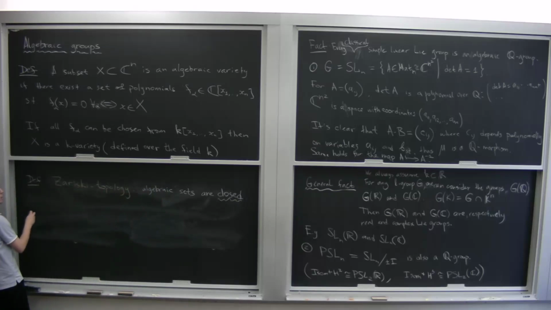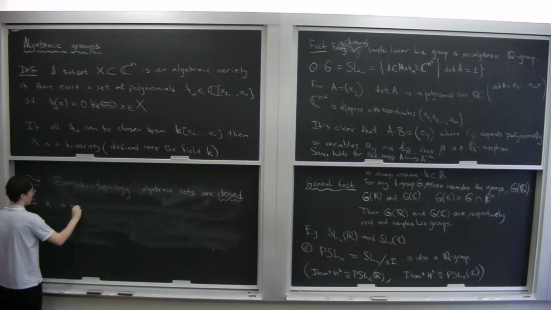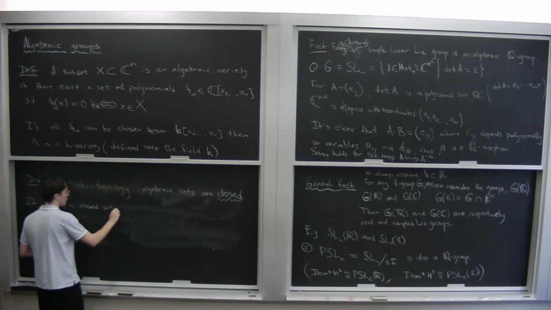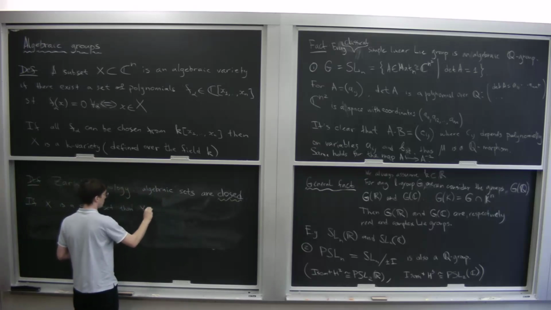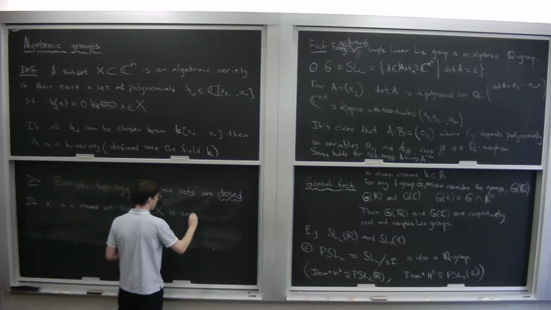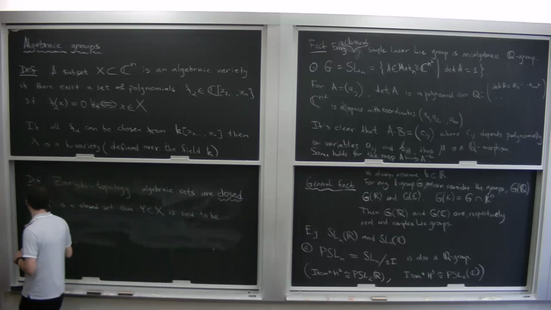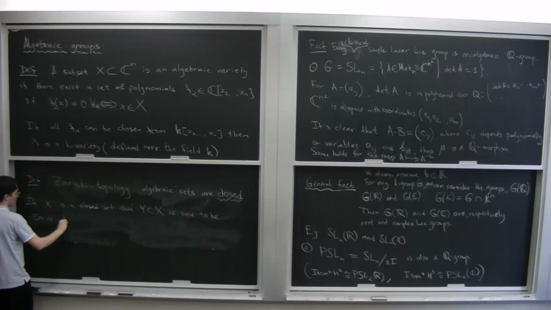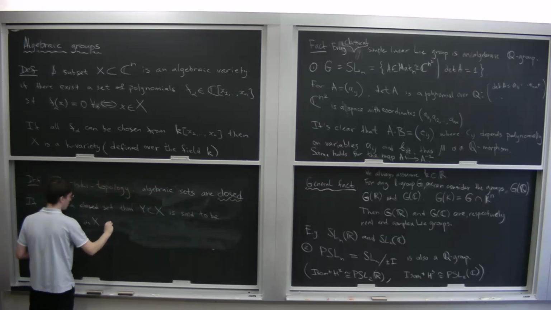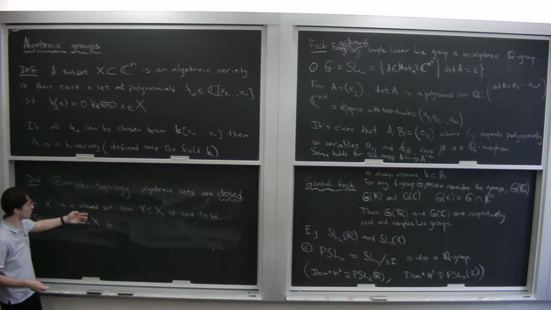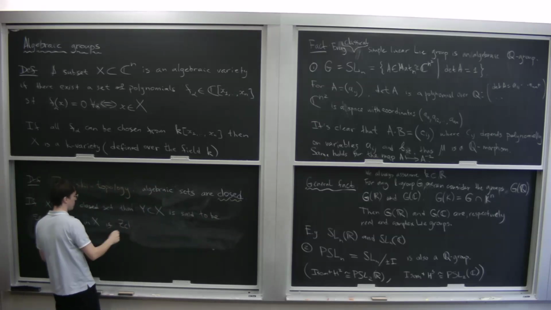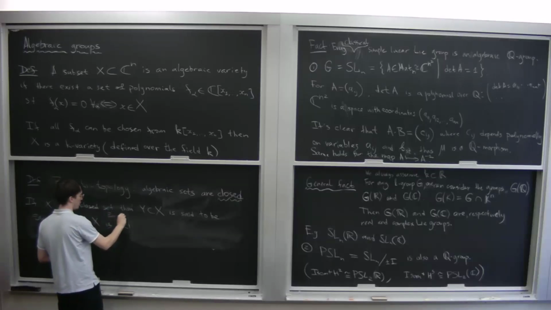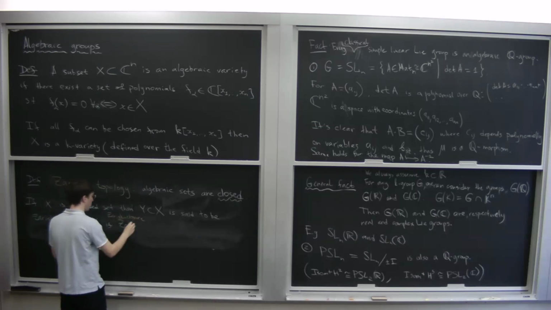So if X is a closed set, then the subset Y of X is said to be Zariski dense in X if the Zariski closure of Y is all of X. What is the Zariski closure of Y?